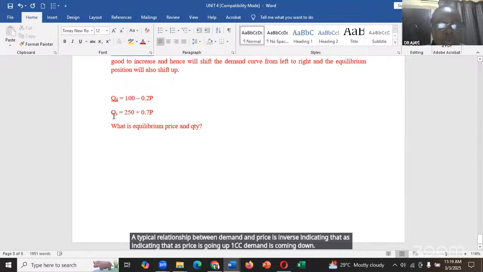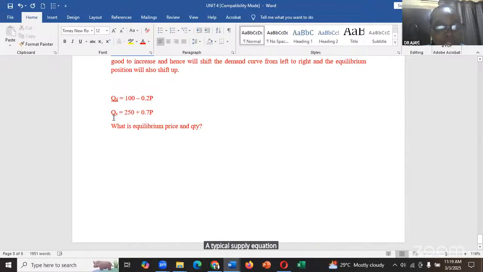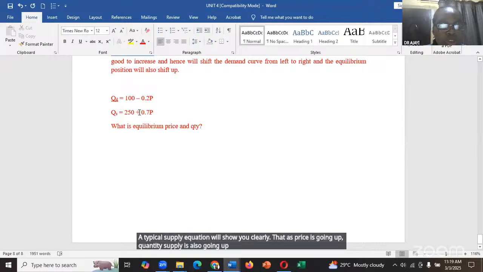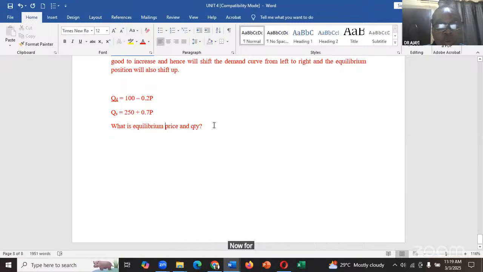A typical supply equation will show you clearly that as price is going up, quantity supplied is also going up. So when you see plus, it shows a typical supply equation. When you see minus, it shows you a typical demand equation. And when you are asked what is equilibrium price and quantity.